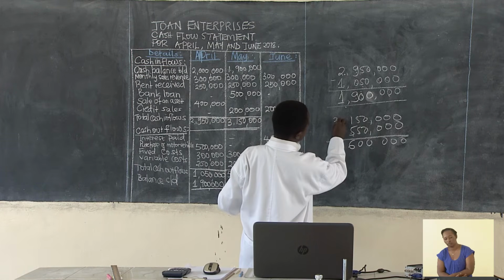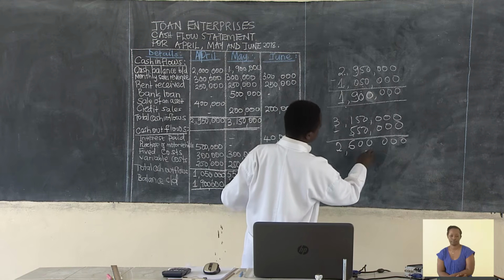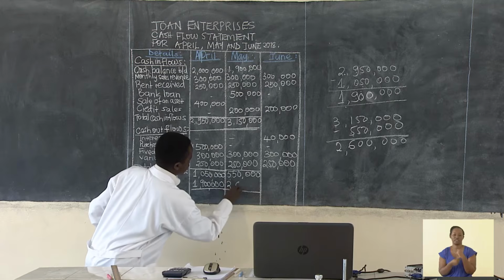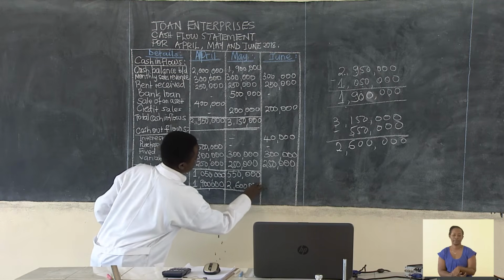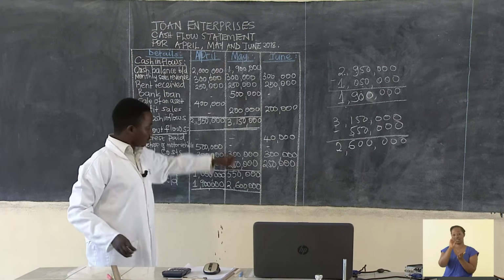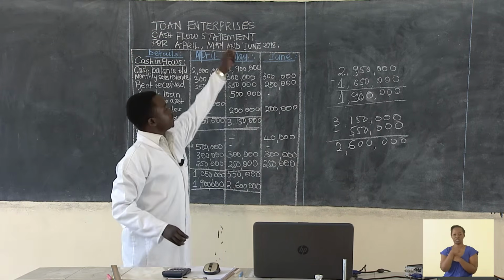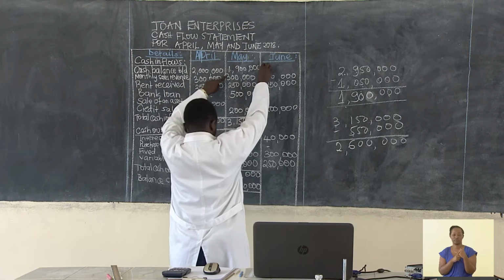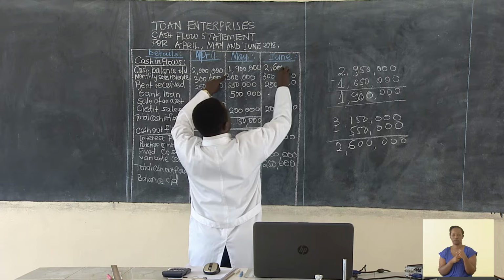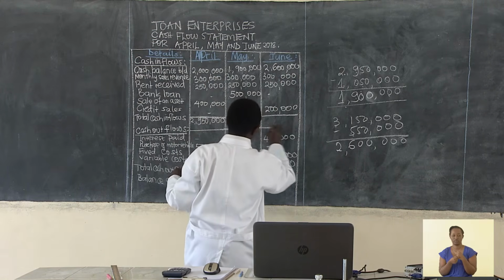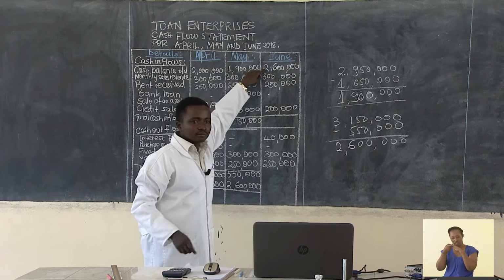Then here we have 2. So this is 2,600,000. This is our balance carried down at the end of May, which must be taken to the month of June as balance brought down, cash balance brought down. 2,600,000. Then you have to add from here.